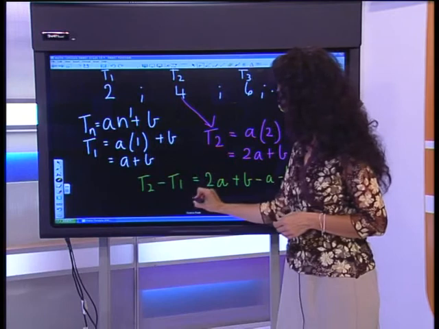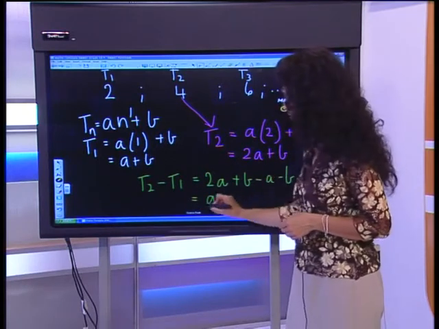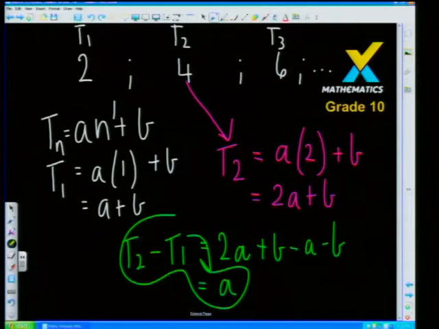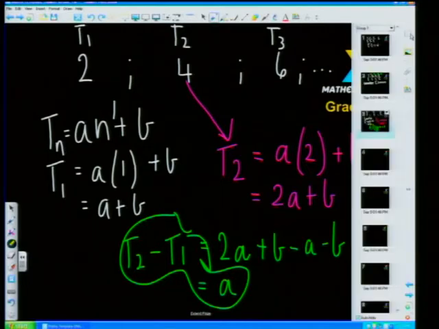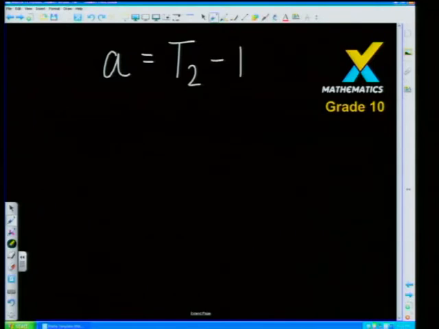So I'm left with 2a minus a is a, and b minus b is 0. So T2 minus T1 is just equal to a. So if we carry on, our a value is always going to be the difference between T2 and T1.